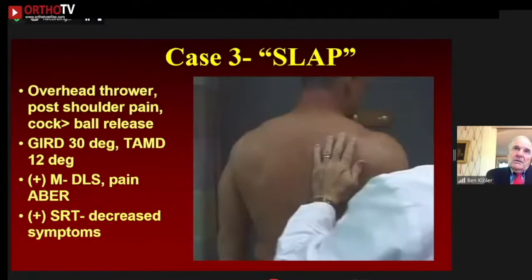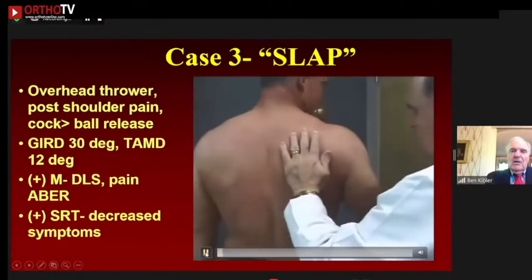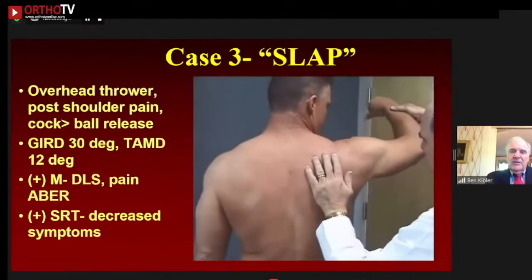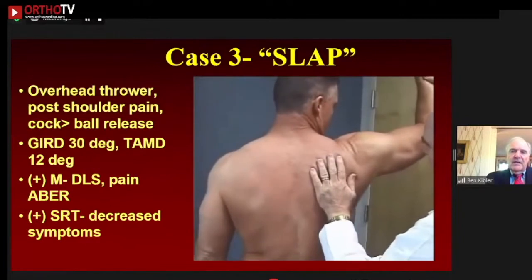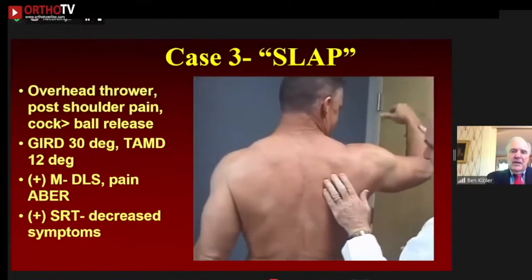Let's talk about throwers, patients who have labral injuries. We know the labrum sits on the glenoid, and the glenoid sits on the scapula. So sometimes we can actually change those symptoms as well. This is a baseball thrower who has all the findings of a labral pathology. He has what's called a positive dynamic labral shear test. He hurts right in the back, right on the posterior joint line.